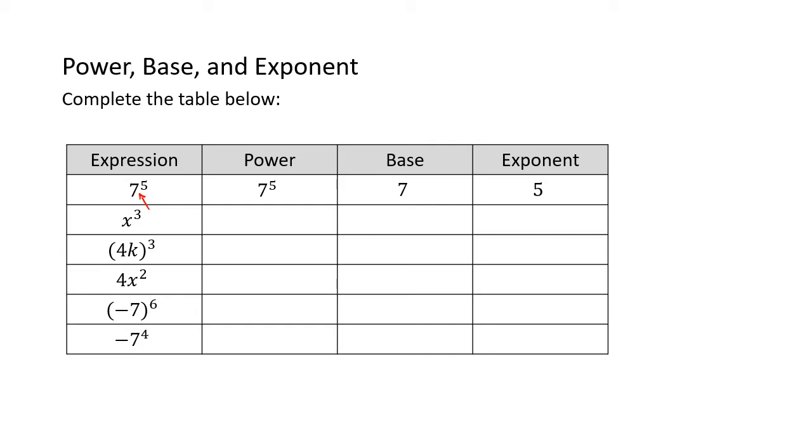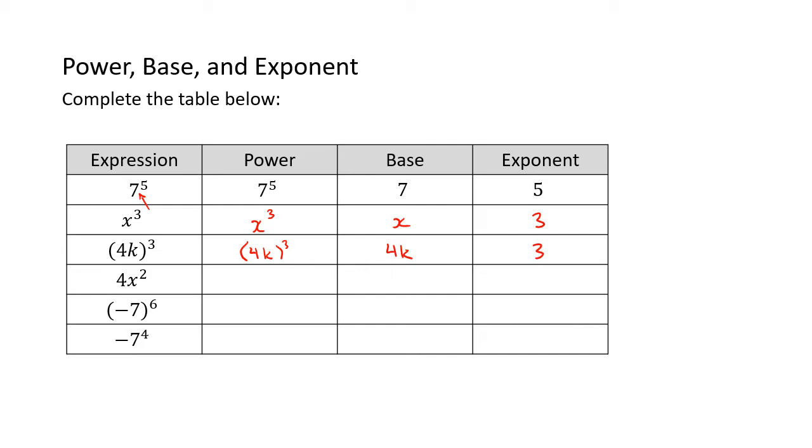The exponent is 5 because it's raised to the exponent 5. For x cubed, the power is the complete term, x cubed. The base is x, that's the number being multiplied, and the exponent is 3. For the next example, 4k cubed, the overall power is all of that, 4k cubed. The base is 4k, and the exponent is 3.